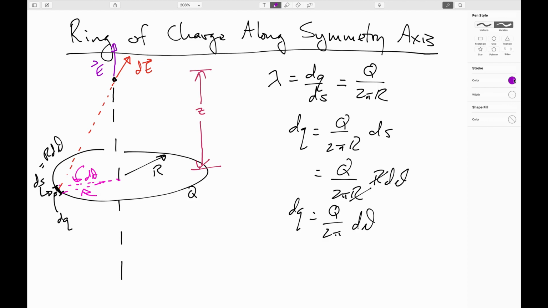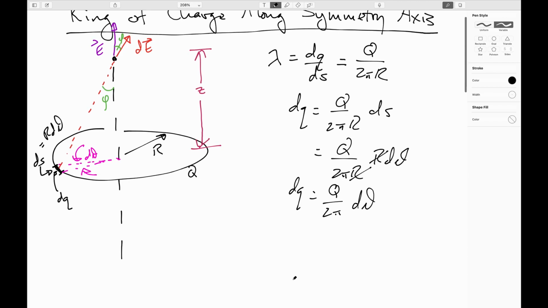So let's go ahead and start with that. It'll be helpful if we mark this angle. Let's call it phi here, since I've already used up theta. And we will go ahead and come up with an expression first for dE and then for dEz.